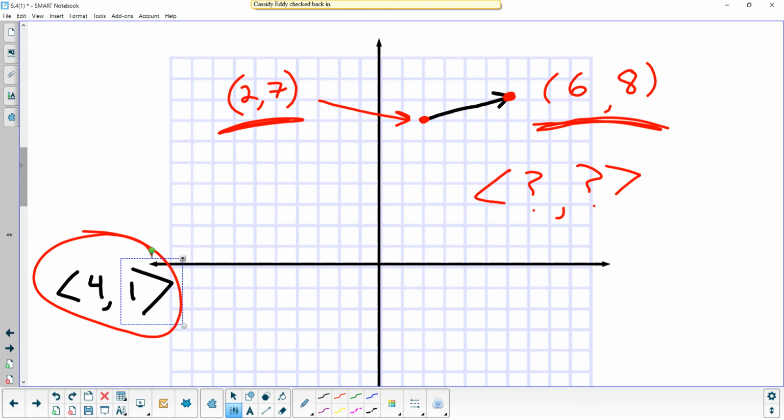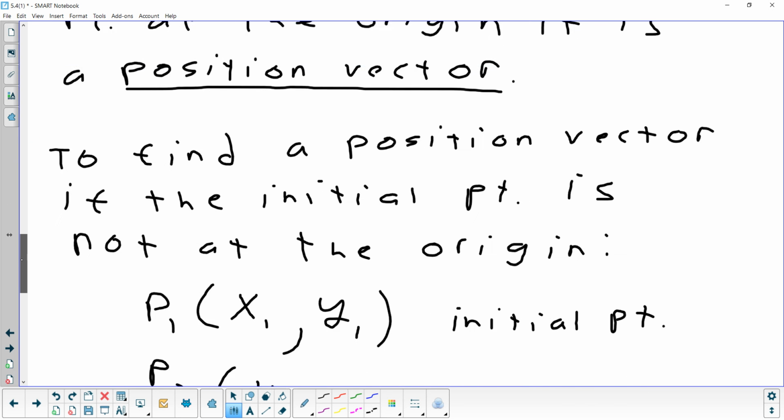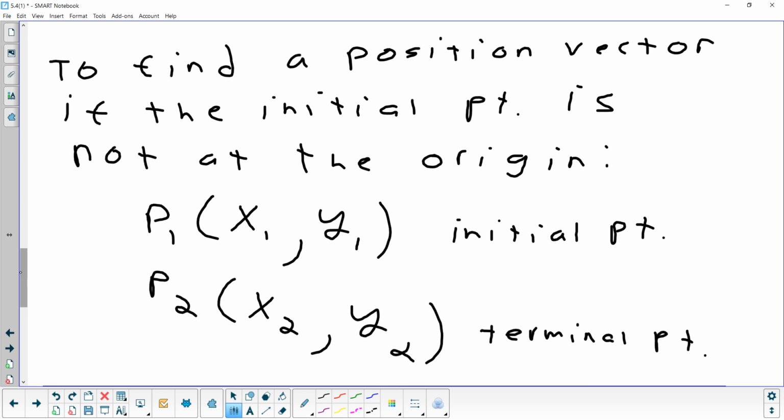So if you have a vector that's in a different quadrant and it doesn't start at the origin, that's fine. We can still figure out what it should be by doing this. So to find a position vector, if the initial point isn't at the origin, we're going to do what we just said.